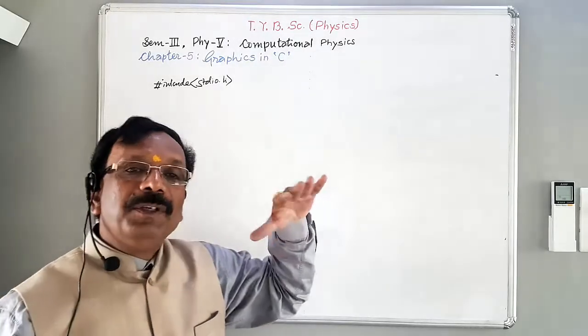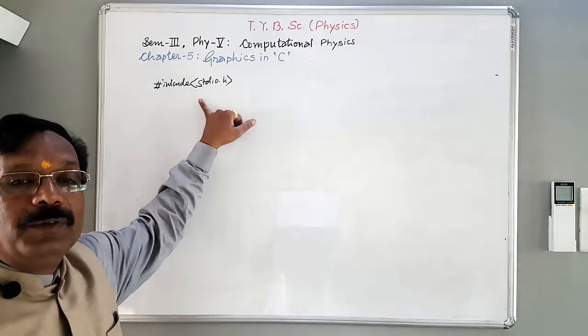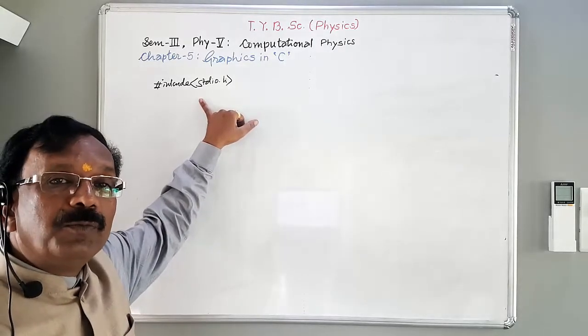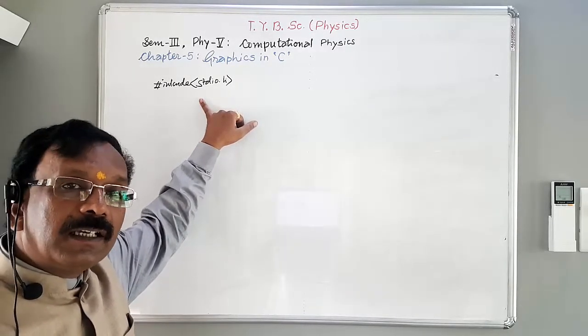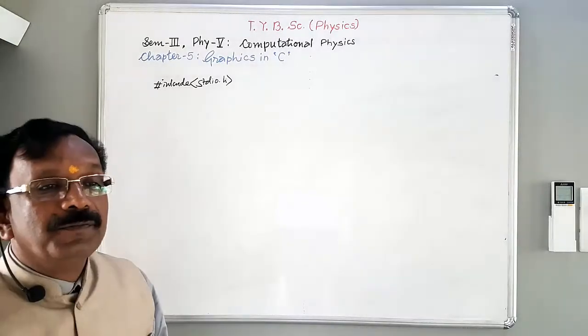Like text mode, in graphic mode you can include the standard input output file in the current path with the help of this function.